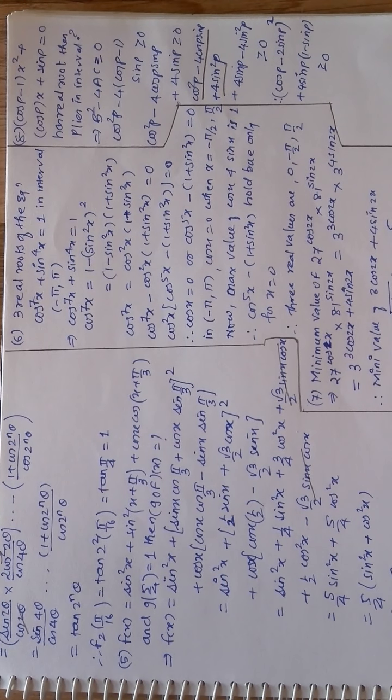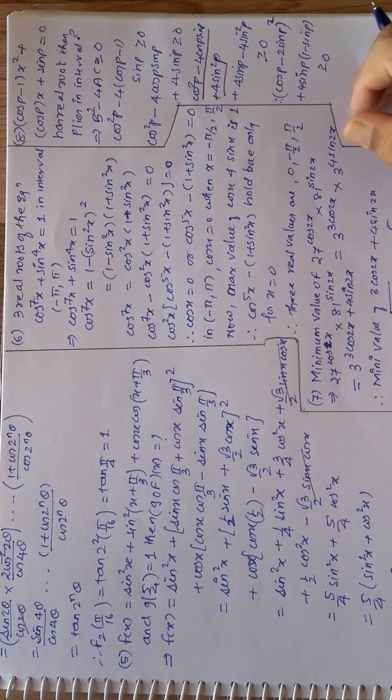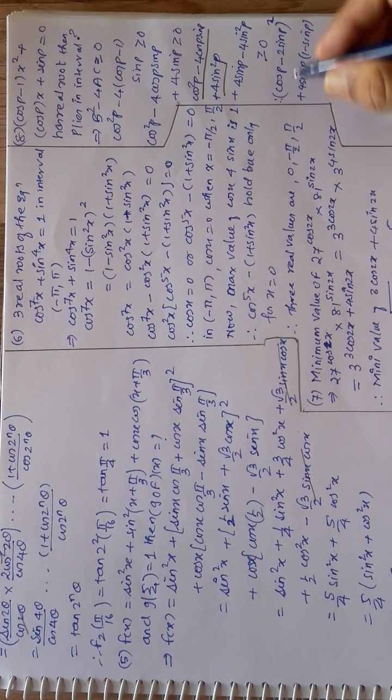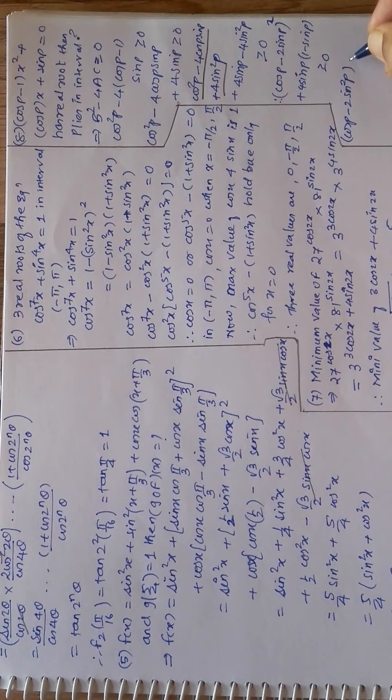So I will guide you that this particular part, term number 1, that is cos p minus 2 sin p whole square, is always positive. So forget it. No need to think on it.